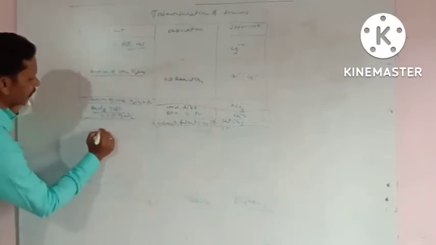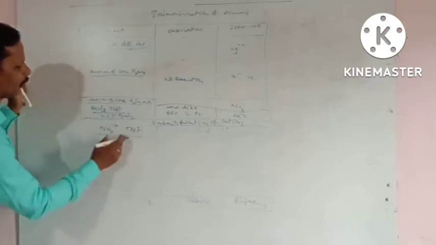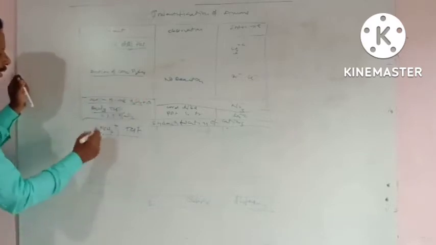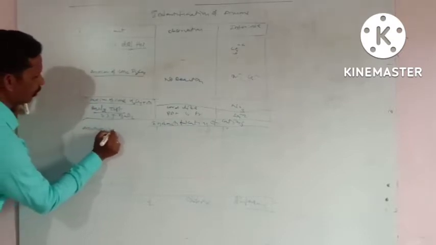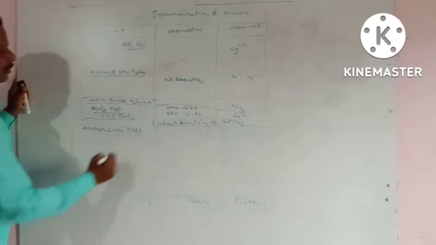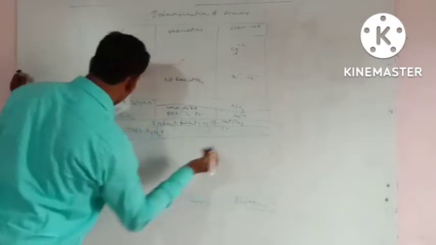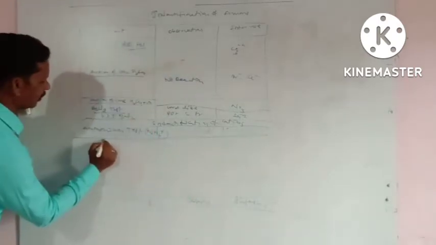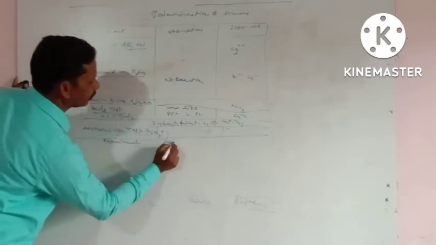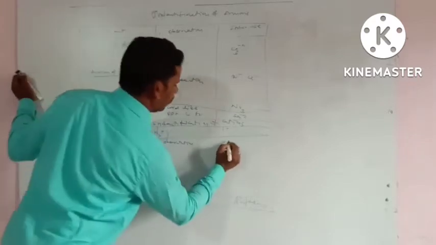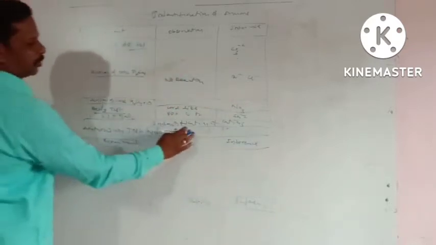Write clearly ammonium, with NH4 plus in brackets. Again you write the experiment, observation, and inference. Make a table for this one.